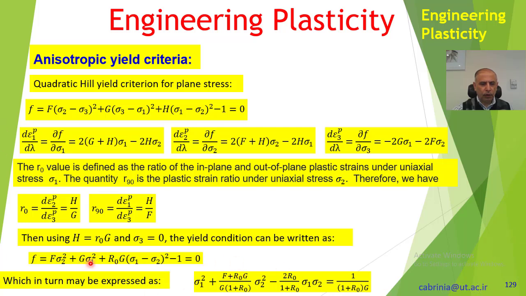And for 2 sigma 1 sigma 2 with negative sign, we have R0 g divided by g times 1 plus R0. The g cancels out, and we get this, and then we have 1 over 1 plus R0 g. So this equation becomes like that.